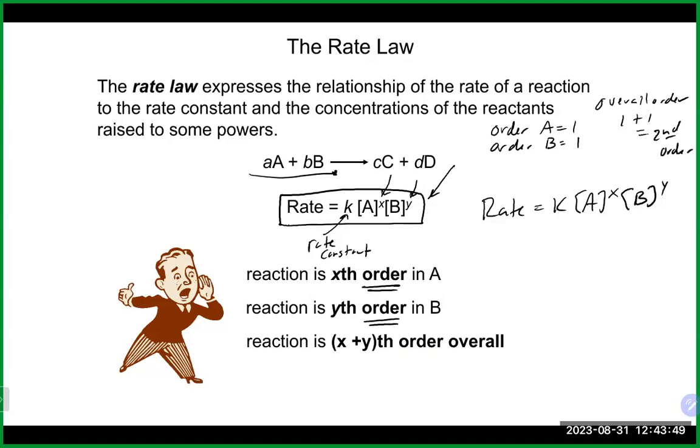Now, there are usually only certain types of orders of reactions that we come across commonly. Zero order, first order, and second order are very common. A lot of it is based on, if you think about most chemical reactions that you have come across, there's maybe 1 reactant, 2 reactants, maybe 3, right? So we don't get a lot of reactions where there are 6 reactants happening all at once.